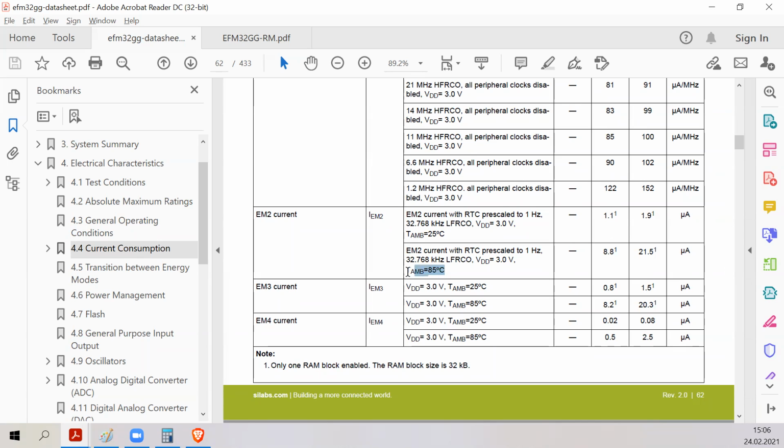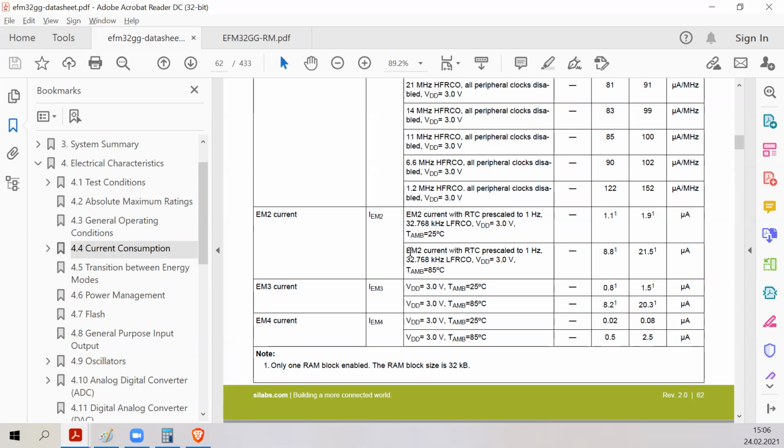And if you heat up a semiconductor, it starts to conduct electricity better. At low temperatures, it has lower leakage, and at high temperatures, it has higher leakage. So you can check out at 85 degrees Celsius, it will have higher leakage current of 21.5 microamps.